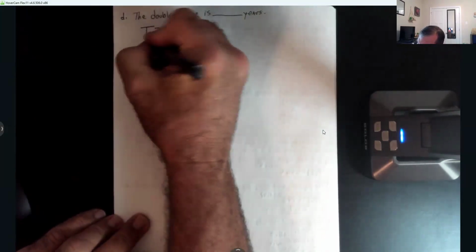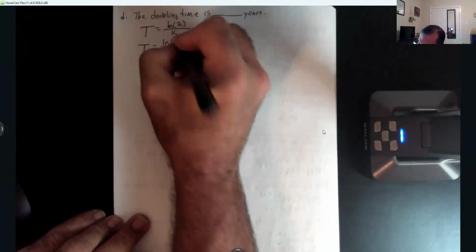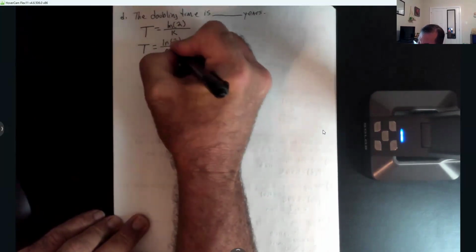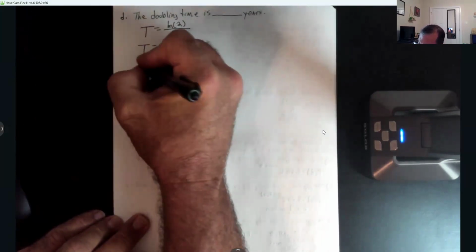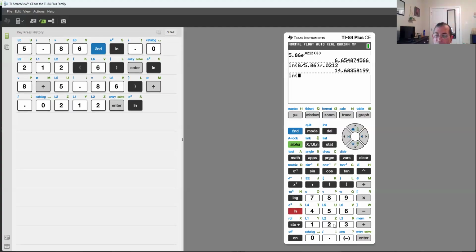So plugging into our formula, we'll have the ln of 2 divided by 0.0212. And once again, they are rounding to 1 decimal place. So let's go see what ln of 2 is. So ln of 2, close parentheses, and then let's divide that by our 0.0212.